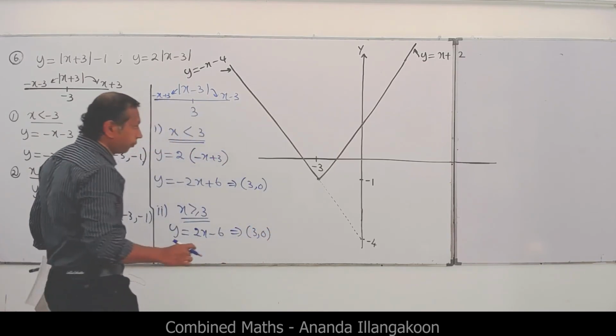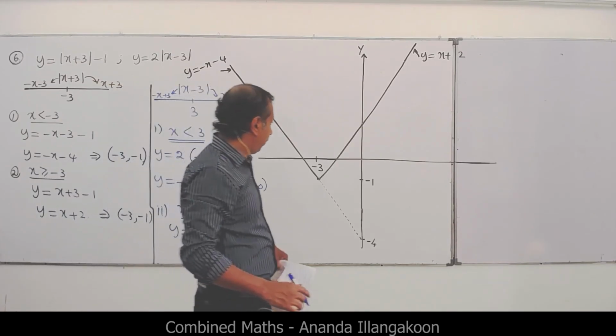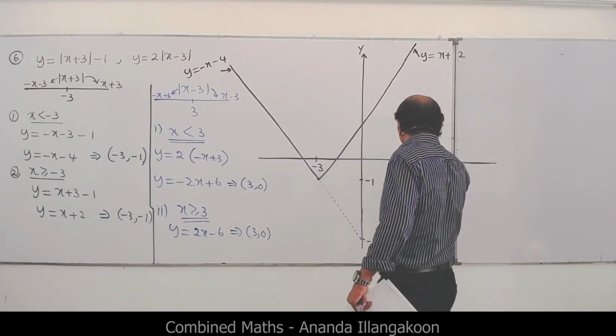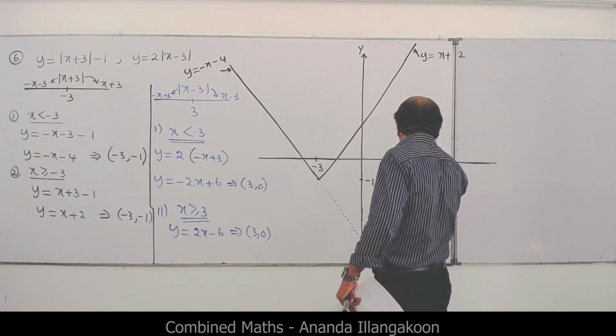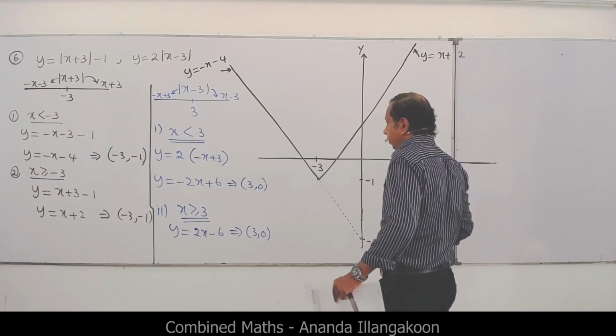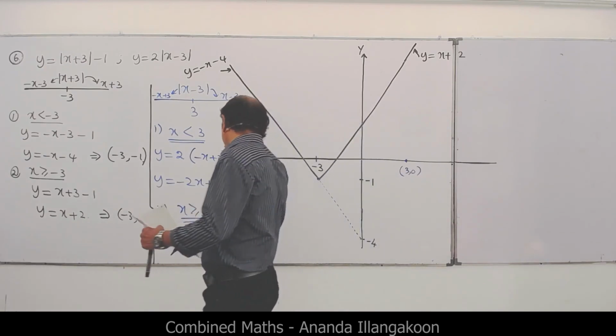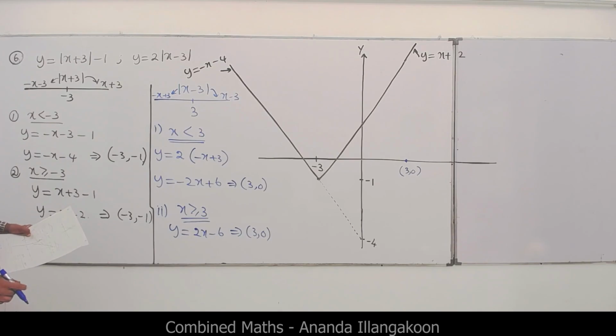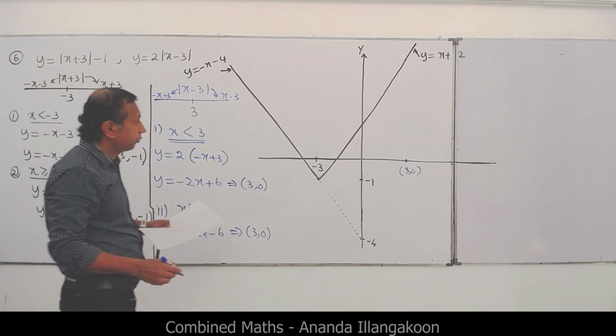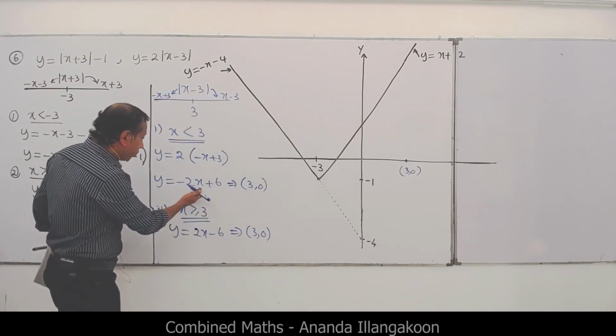All right, at 3 here, the point 3, 0. Then we get minus 2x plus 6.